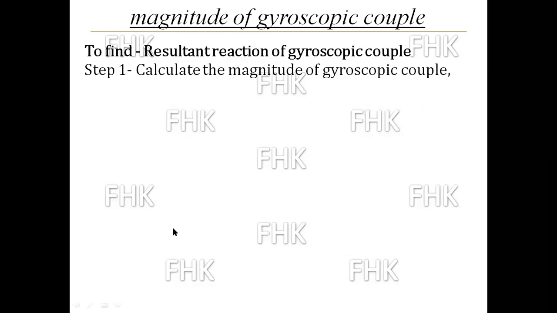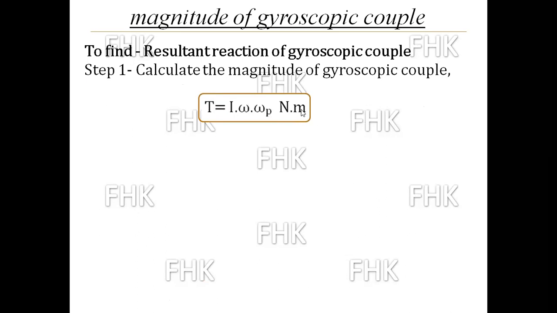Now the first step is to calculate the magnitude of gyroscopic couple. As we learned in the previous session, the formula to find the torque or magnitude of gyroscopic couple is I omega into omega p in Newton meter.